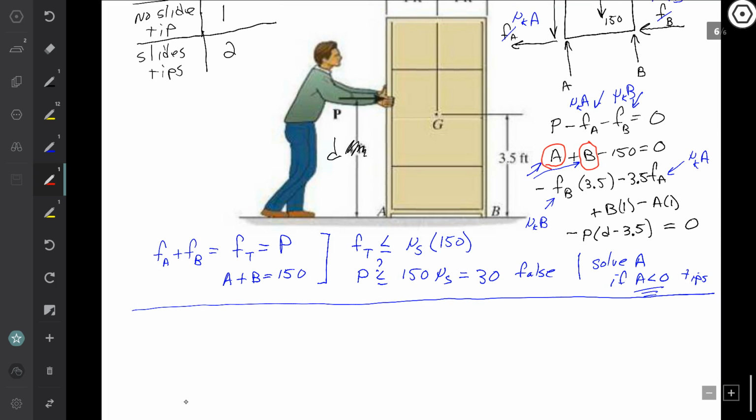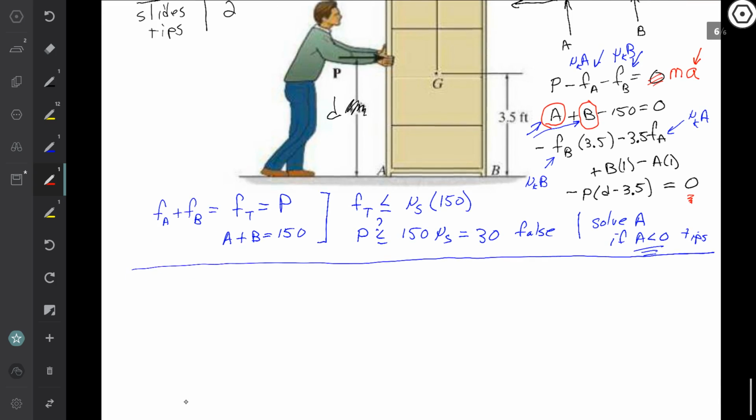So I know it's sliding, so I sum forces in the horizontal, and this is equal to mass times the acceleration horizontally, because now it's sliding is what I'm assuming. This rotation is still 0 because I'm assuming it's not tipping. So the unknowns are capital A, capital B, and the acceleration a.